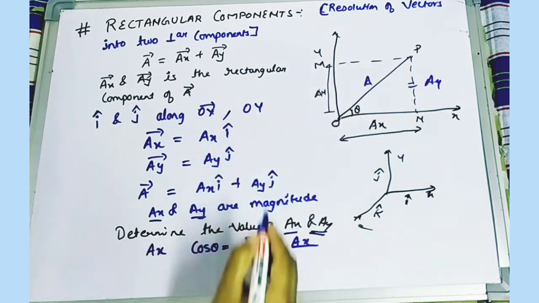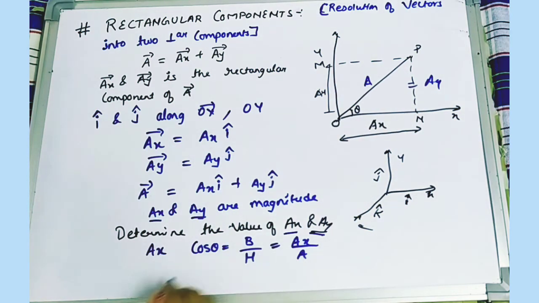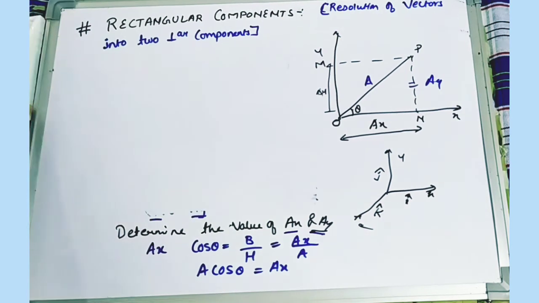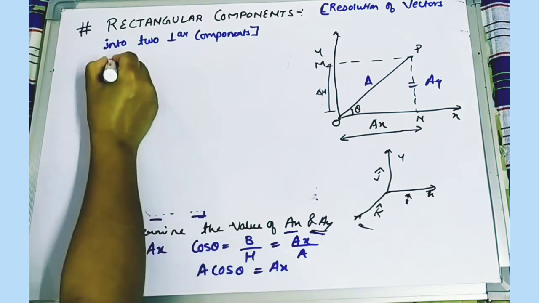This will be A, already discussed. So we can write A cos theta is equal to AX. I have got the value of this component, AX equals A cos theta.